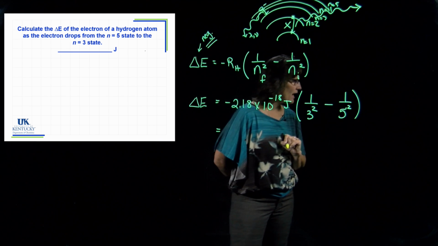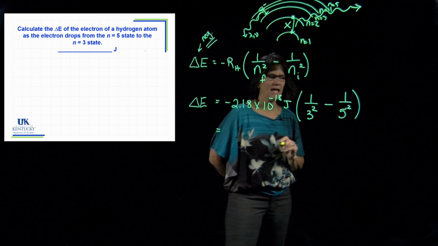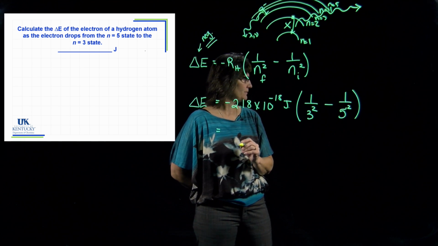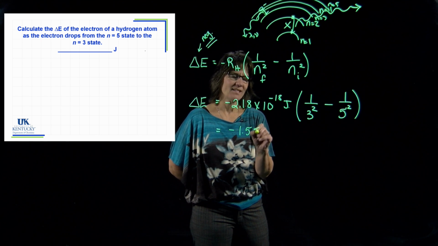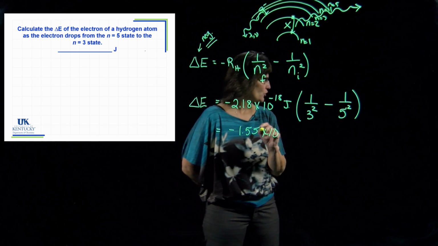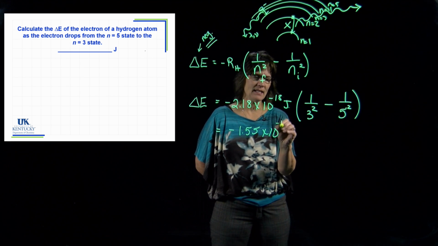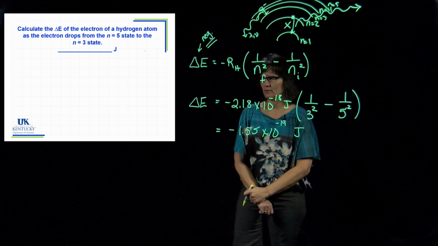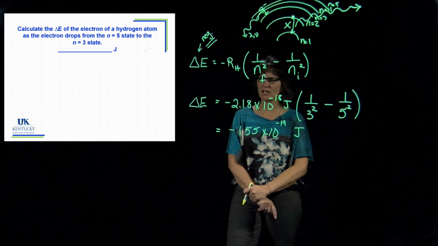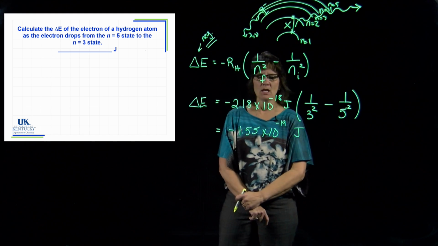It is a negative value, and it is negative 1.55 times 10 to the negative 19 joules. Very tiny number. Okay, so that is the change in energy of the electron.